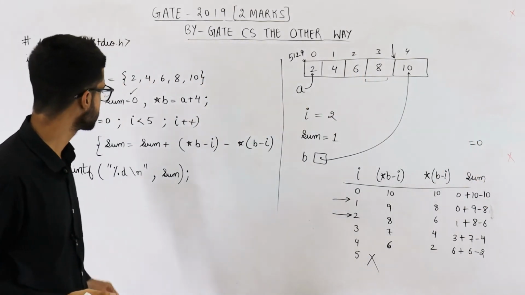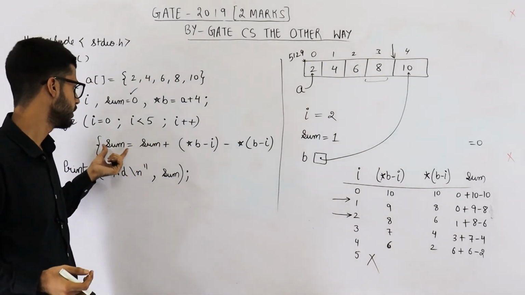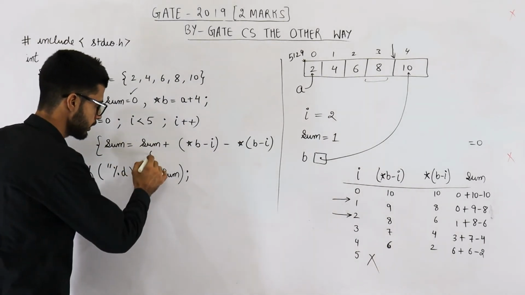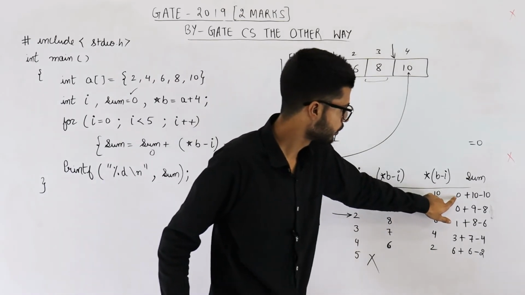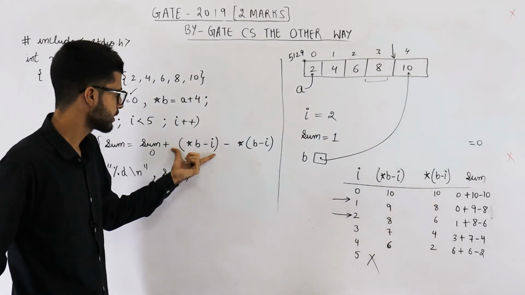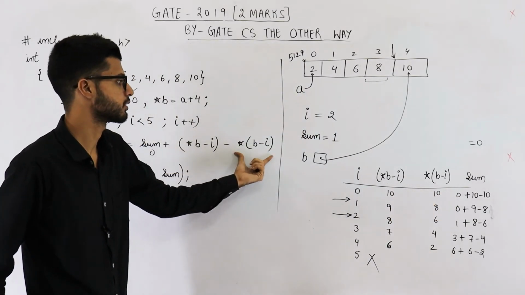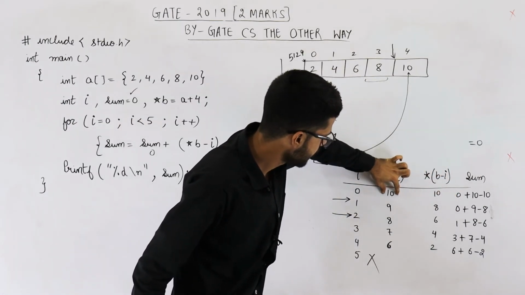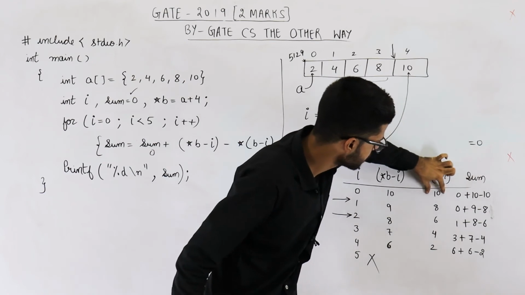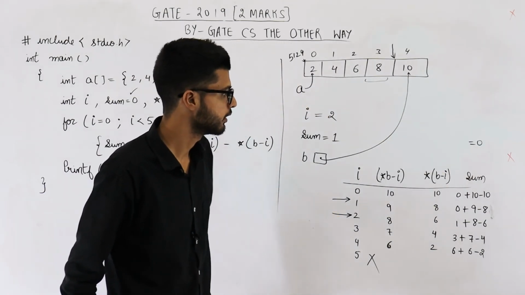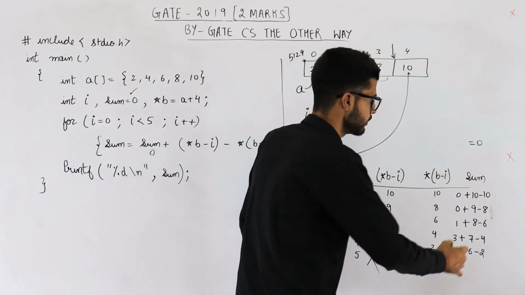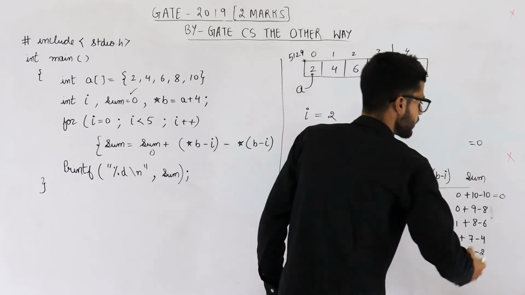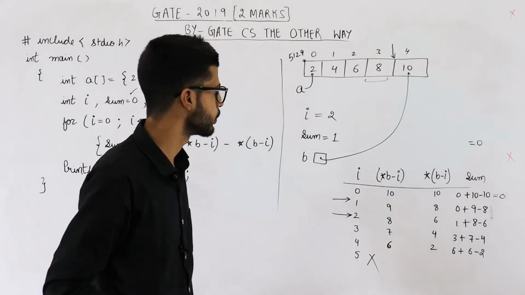The first iteration will make the value of sum equal to the current value, that is 0, plus this expression's value minus this expression's value. So current value 0, then plus 10 and minus 10. Okay, I hope you are getting it. So 0 plus 10 minus 10 means 0 only. Okay, now sum is updated to 0.